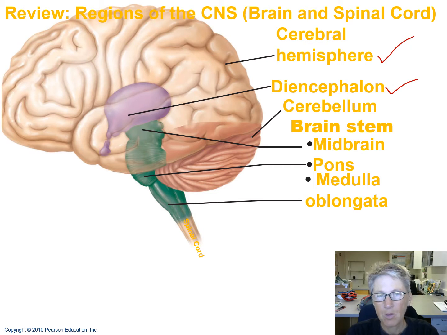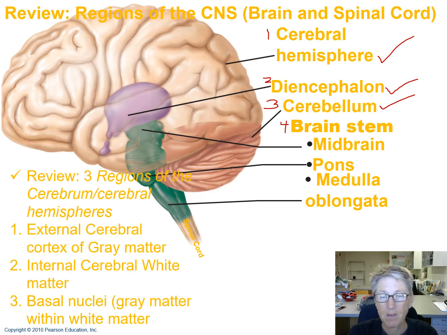The next region of the CNS is the cerebellum, but there are landmarks and regions and structures within the cerebellum. So that's 1, 2, 3, 4 is the brainstem, and there are four structures within the brainstem. And then there is the spinal cord down here, which makes the fifth region of the central nervous system.